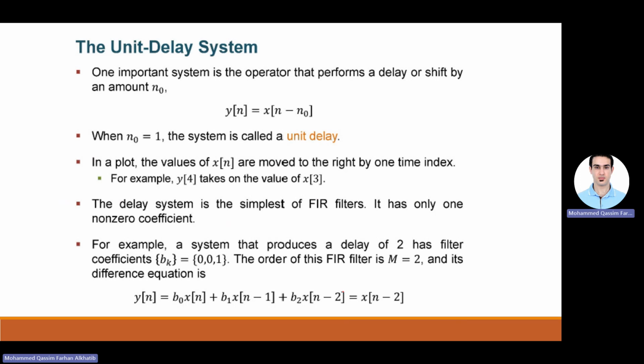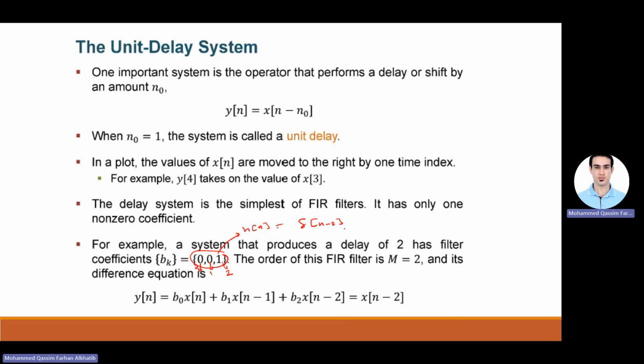If you have a filter like b of k equals 0, 0, 1, then h of n equals delta of n minus 2, because my first index is 0, the second index is 1, and the third index is 2. So 0 times delta of n will cancel, 0 times delta of n minus 1 will also cancel, and I will have only delta of n minus 2.